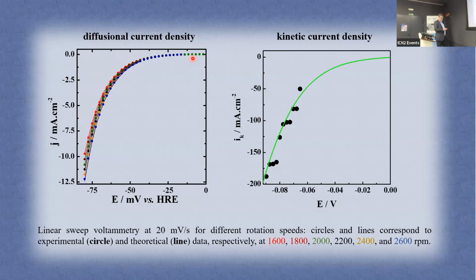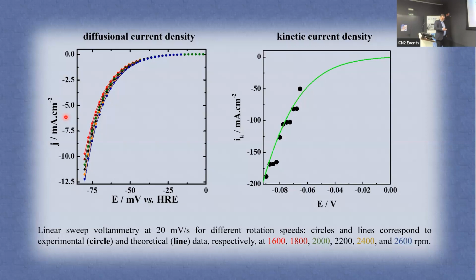And we can observe the same value for the diffusion current density and the experimental current density. So the process is limited by the diffusion process of the hydrogen, from the surface to the bulk solution.